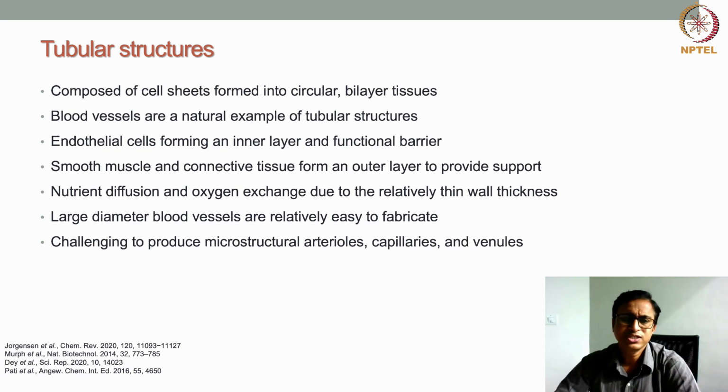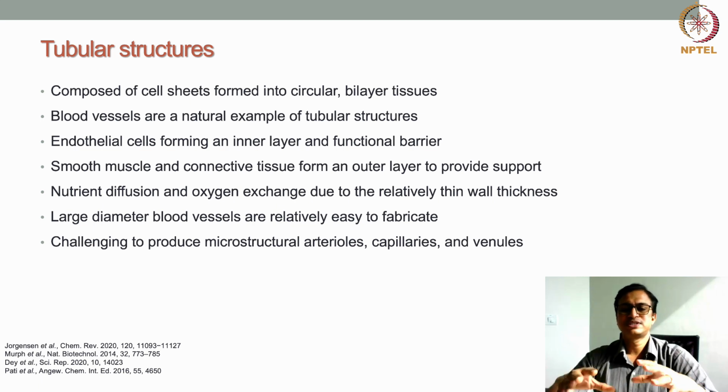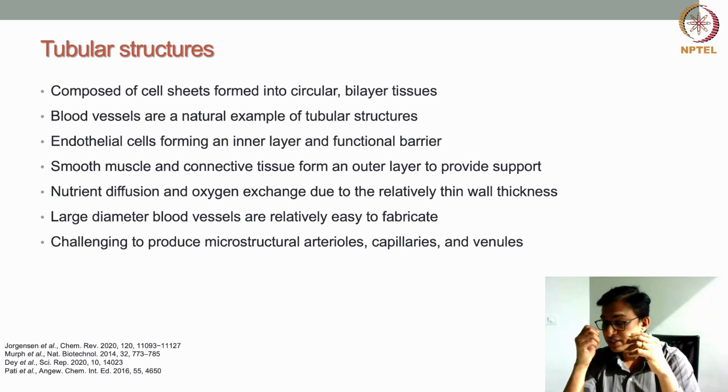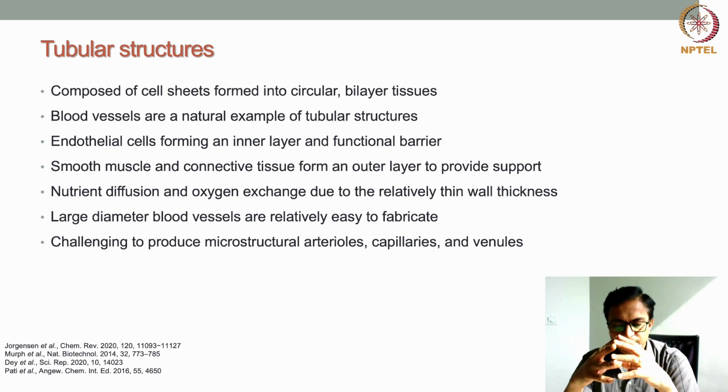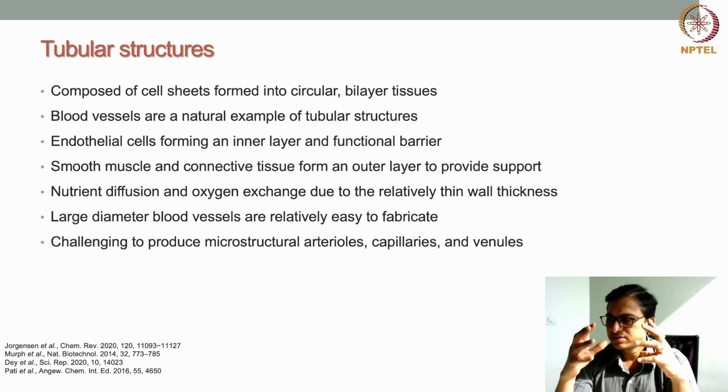Now here also there is a requirement of nutrient and oxygen exchange, but that requirement is not very stringent because of the thin wall thickness. So the nutrients and oxygen can diffuse to the bioprinted tissue structures even if the complete vascular network does not develop at the beginning.